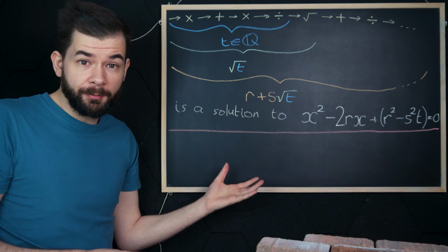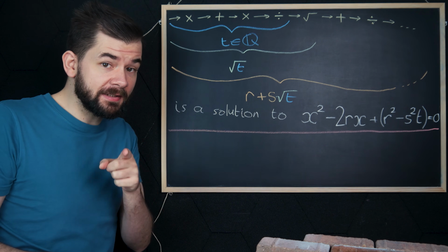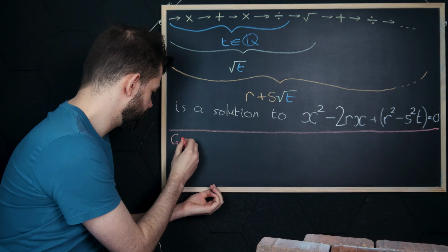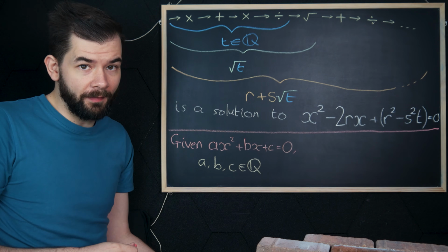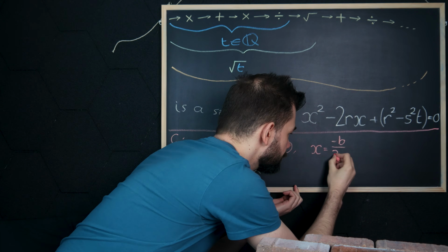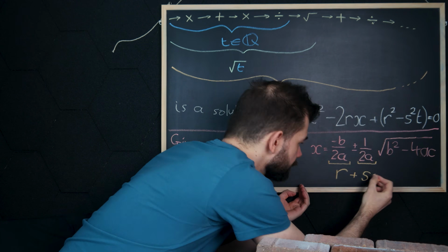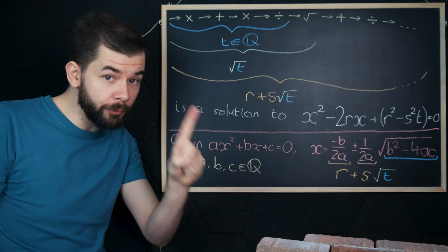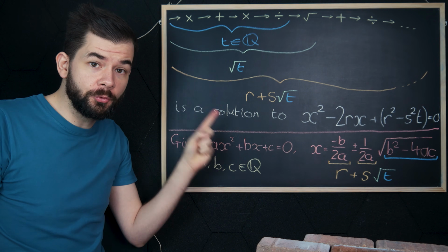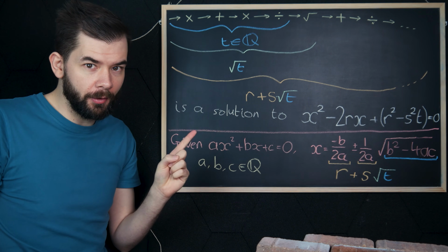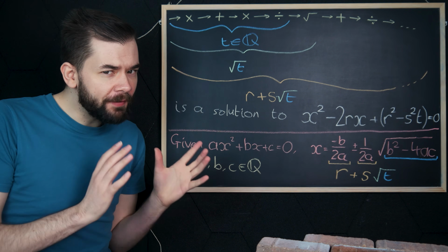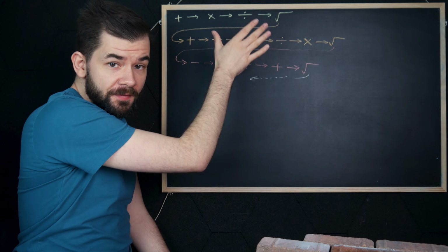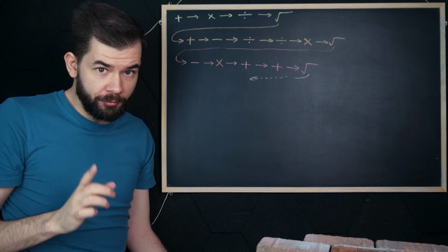I'll leave it as a pretty simple exercise to verify that, and conversely, say that I start with any old quadratic with rational coefficients, say ax squared plus bx plus c. Well, then we know its solution, which is essentially in the form r plus s root t. So there we see it, a number is constructible with one root, if and only if it is the solution to a quadratic with rational coefficients. Okay, but what if I apply the square root function multiple times? Well, then we can build up to this number with a chain of quadratics.